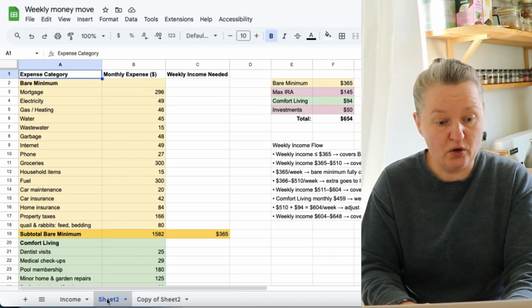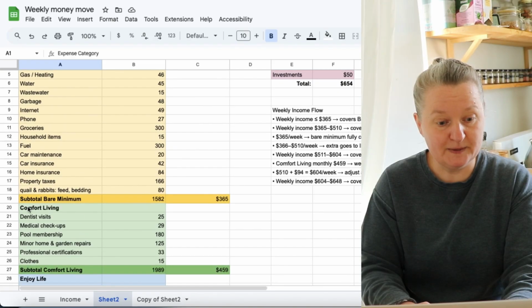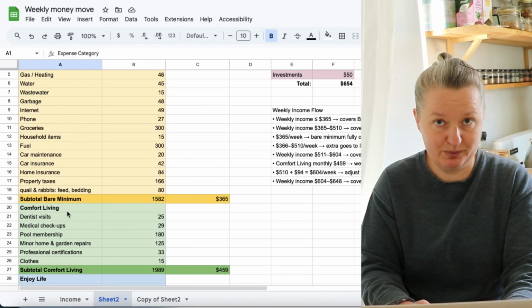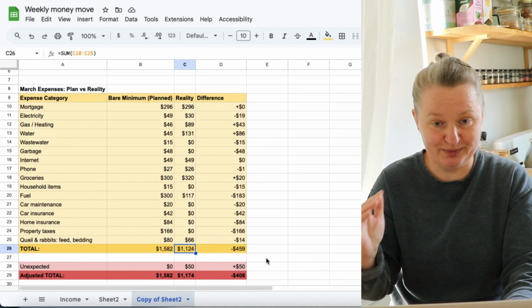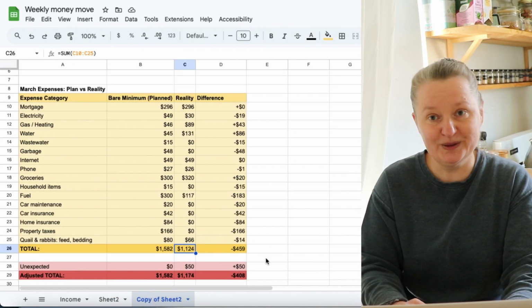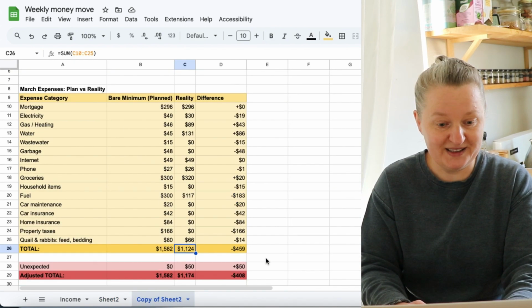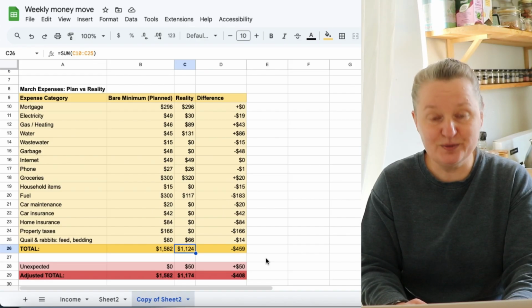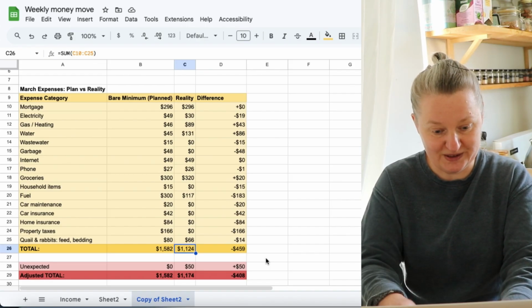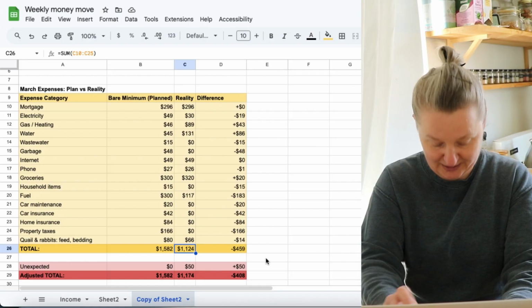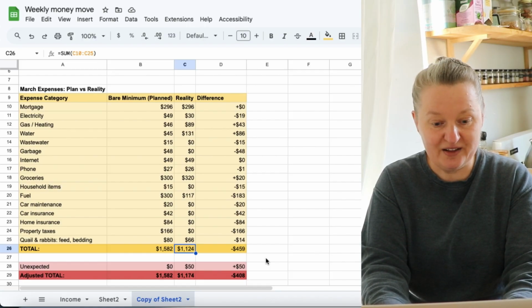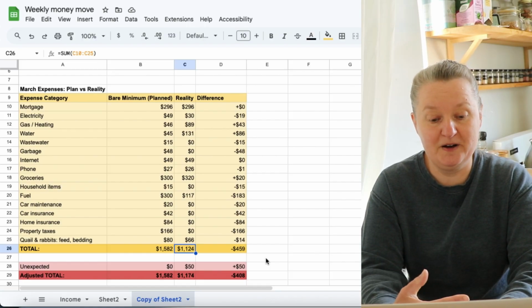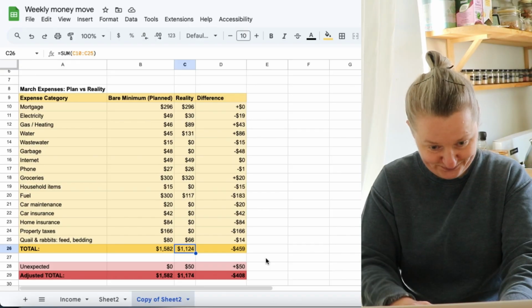Clothes go under my comfort living expense category, the next tier of expenses I'm not able to afford right now. But reality, life hit me so hard, so I had to spend $50.26 on 3 pairs of joggers, just to keep my butt covered.